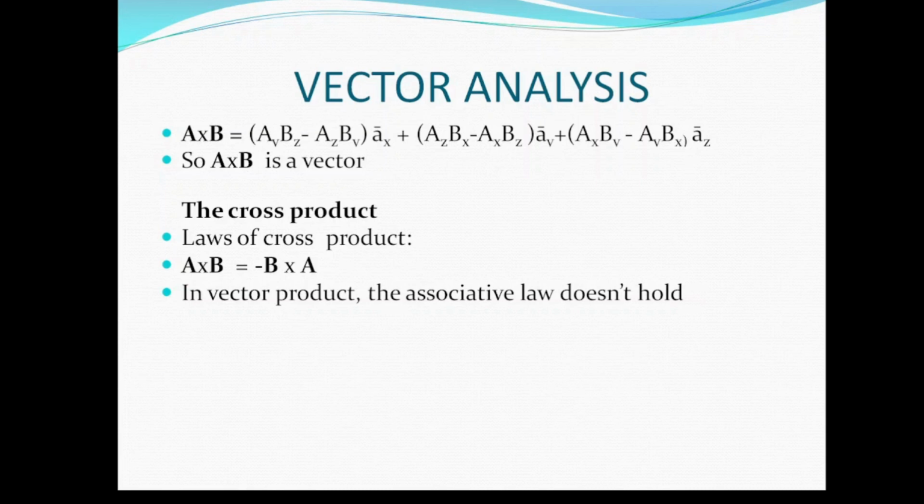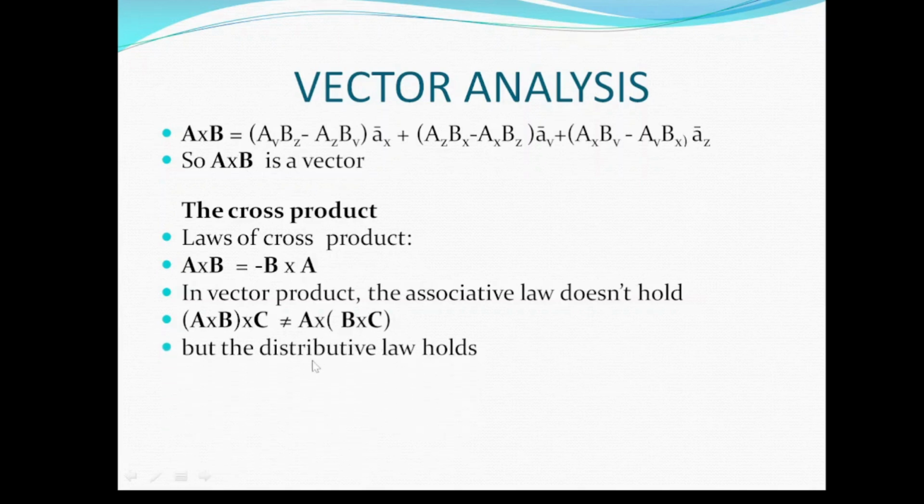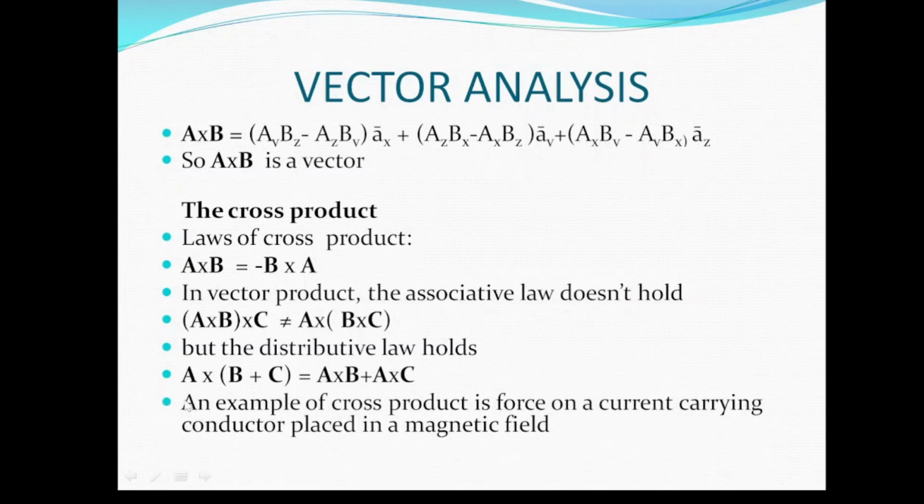In the vector product, the associative law doesn't hold. That is, a cross (b cross c) is not equal to (a cross b) cross c, but the distributive law holds: a cross (b plus c) is equal to a cross b plus a cross c.